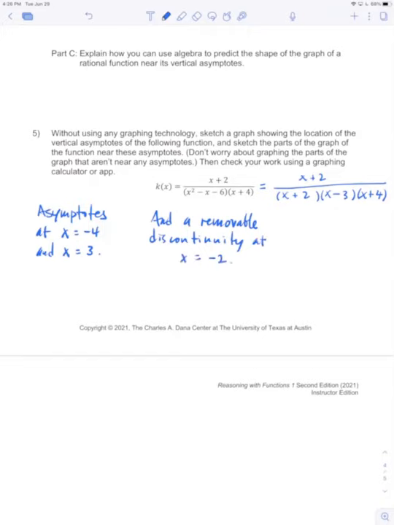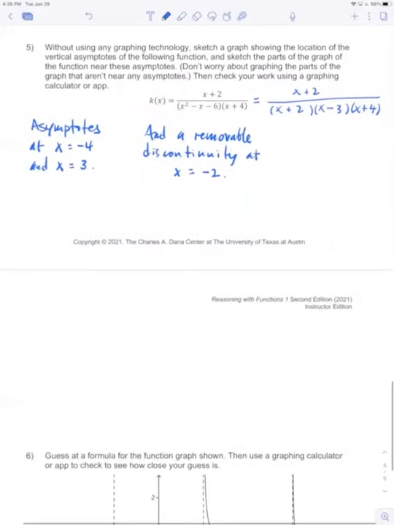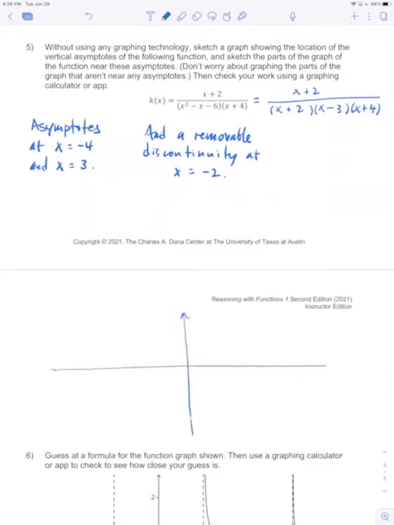We could call that a hole. And we're supposed to graph this as well, or parts of this. There we go. Negative 4. And then positive 3.